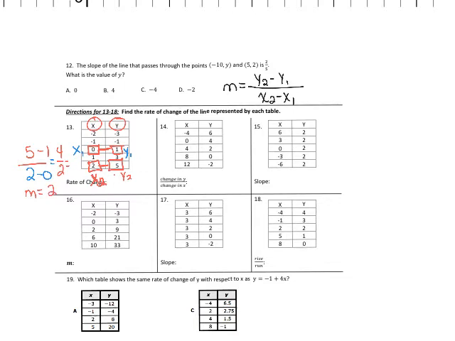Okay, let's try another one. Here I'm going to choose, I like zeros, they make my life easier. I'm going to call this one y2 and this one x2. This one is going to be y1 and this one's going to be x1. Again, I can use any ordered pair in that list to be my x2 and y2 or my x1 and y1.